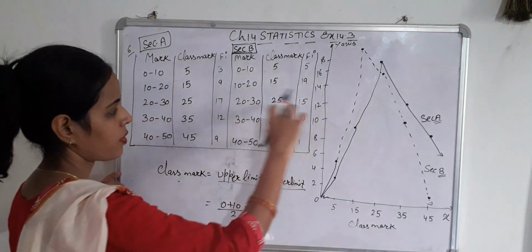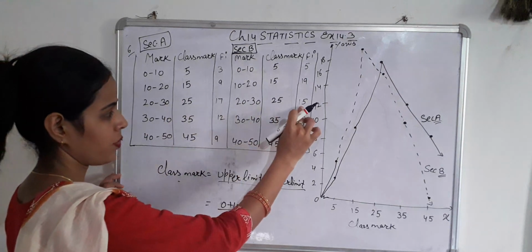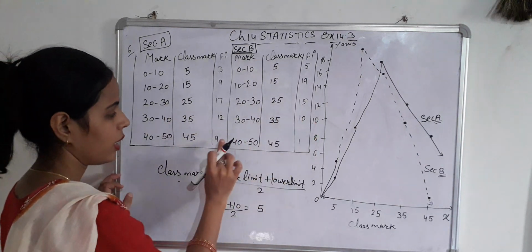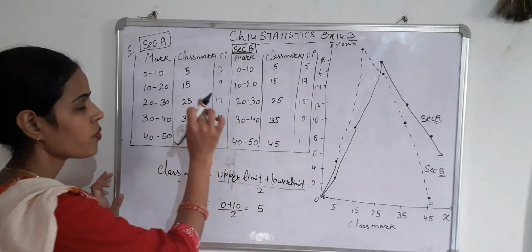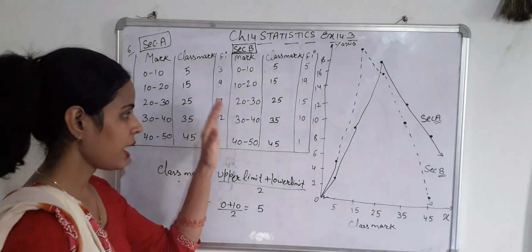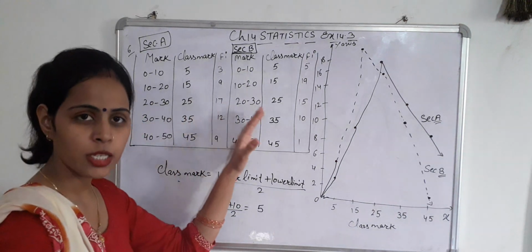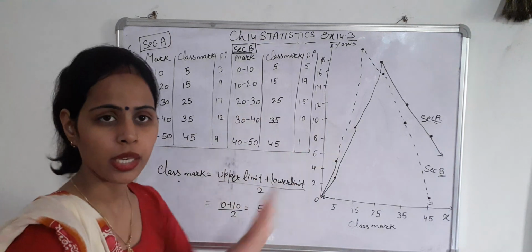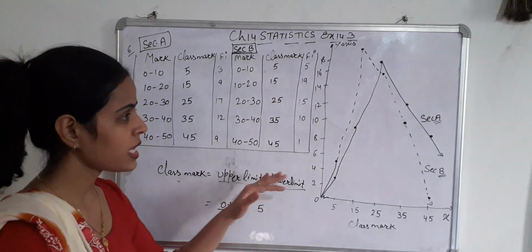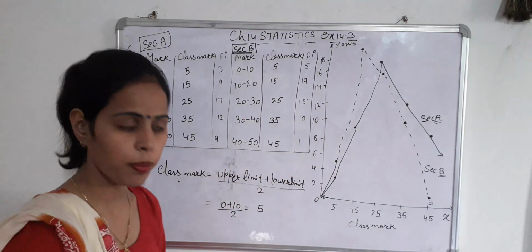Compare the last three frequencies: 17, 15, 12, 10, 9, 1. So we can say that section A performance is better than section B.